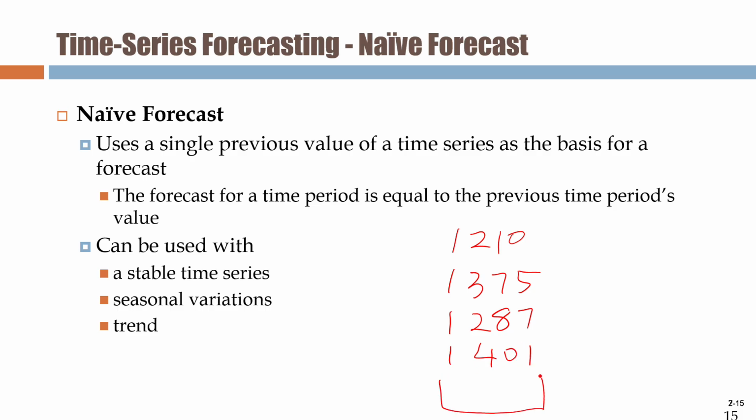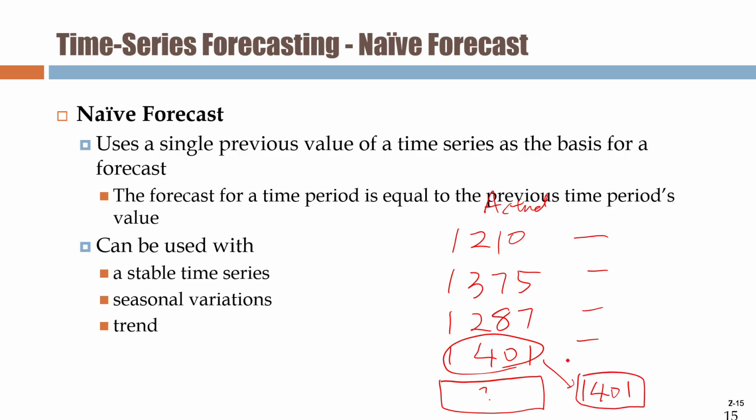Then what will be the next one? This is the actual, and you make a forecast, right? But your forecast is just coming from this one. I will forecast using just the past data. My forecast is just the same as my previous number.